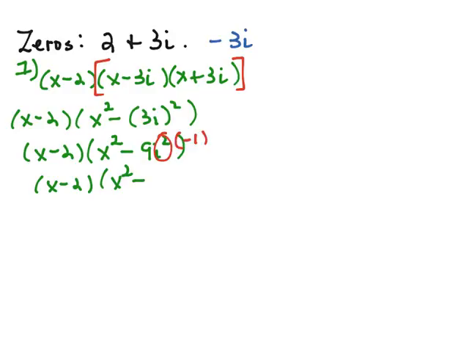So if we have x squared minus negative 9, we'll have x minus 2 times x squared plus 9.